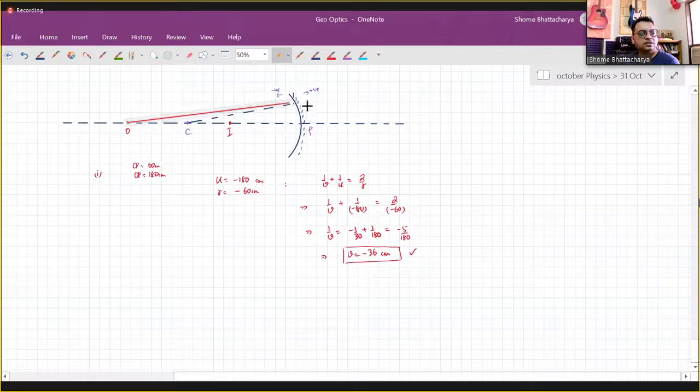They don't look paraxial in my diagram for obvious reasons, but something like this is happening. So you can see that it is a real image in front of the mirror at a distance of 36 centimeters from the pole.